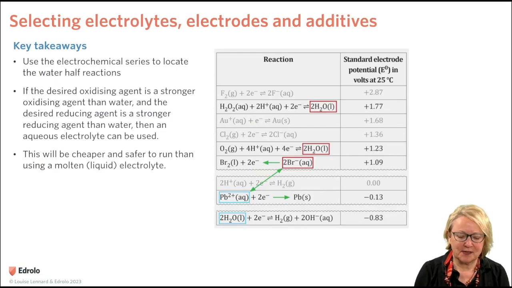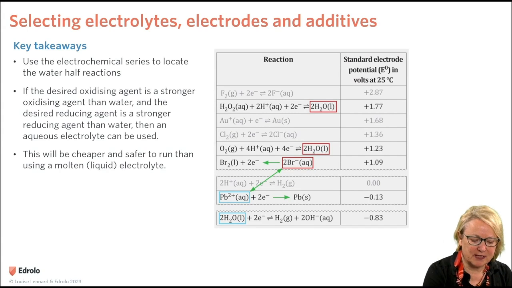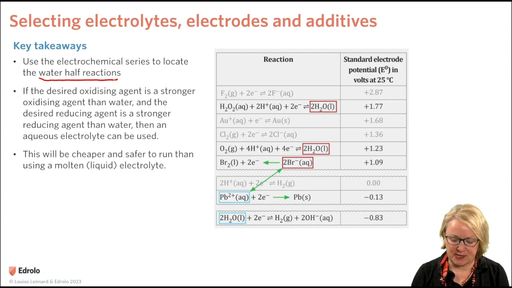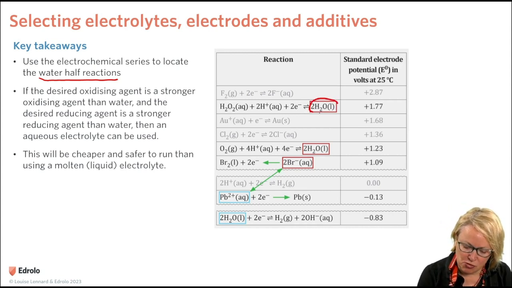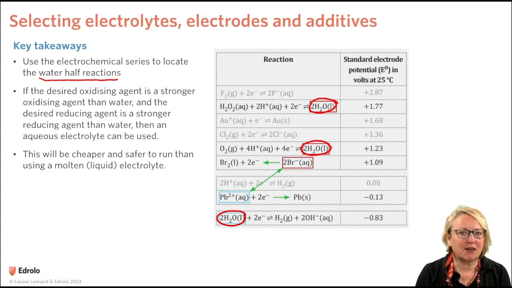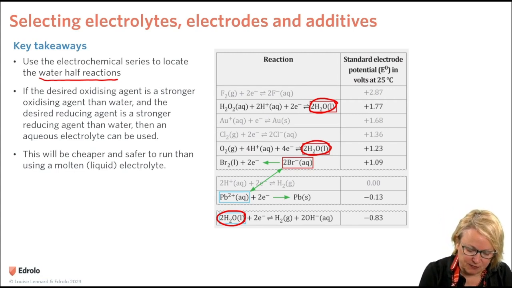Okay, so when we're selecting electrolytes, the first thing we need to do is locate the water half reactions if we've got aqueous conditions. So we've got water, water, and water here. If the desired oxidising agent is a stronger oxidising agent than water, and for example here we have Pb2+, it's a stronger oxidising agent than water.